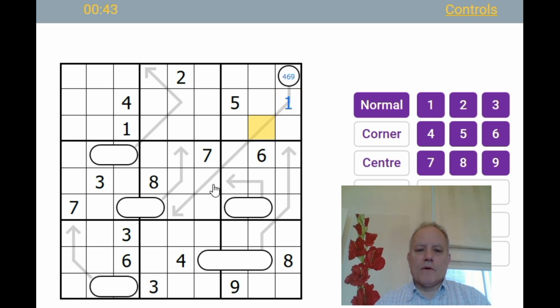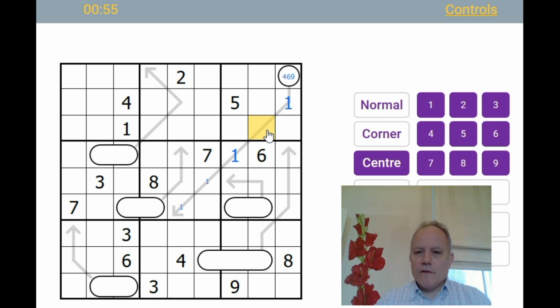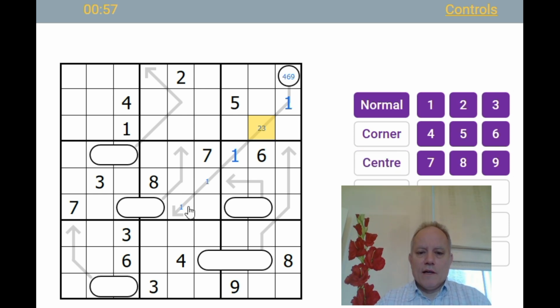One of these two must be a 1, and there must be a 1 in this box, otherwise it's not possible. This one has to be a 1 as well because 8's been ruled out, so it couldn't be 2 times 2 times 2. So this is either 2 or 3, and then one of these is either 2 or 3 as well. We don't know exactly how that works yet, but that's a decent start.